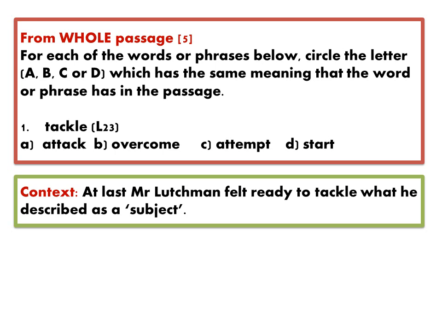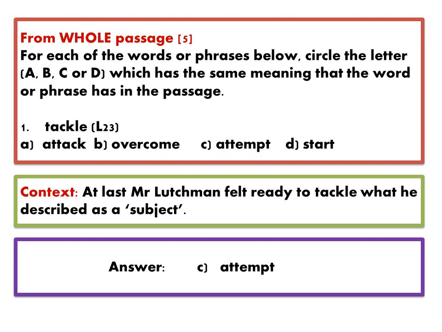At last, Mr. Lashman felt ready to tackle what he described as a subject. So the first option attack seems to be out of question, and the closest one is a start. However, the correct answer is attempt. So you may circle C as the answer.